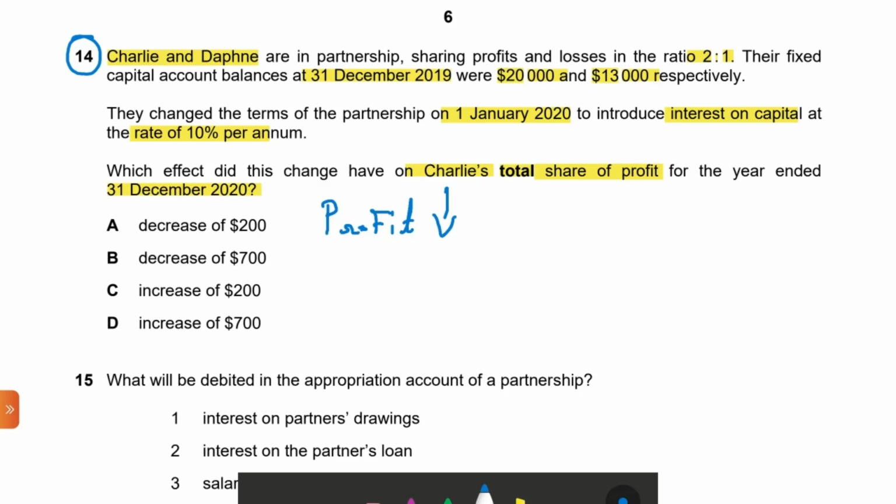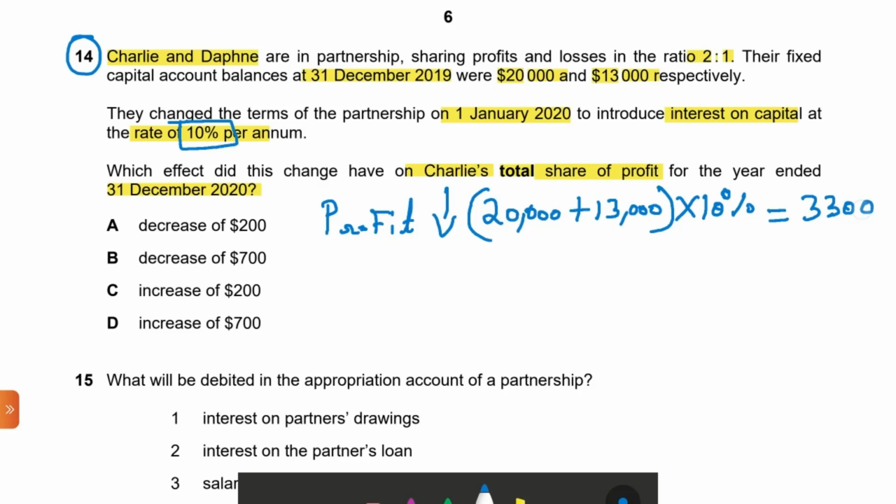How much will the interest on capital be? 10% of 20,000 plus 13,000, total 3,300. This is the decrease in profit, so they will lose this amount.